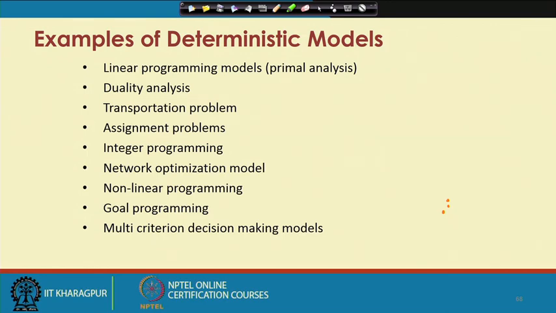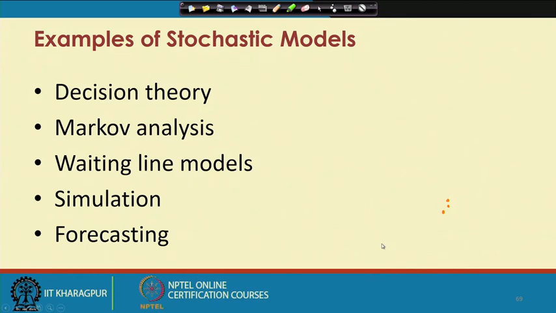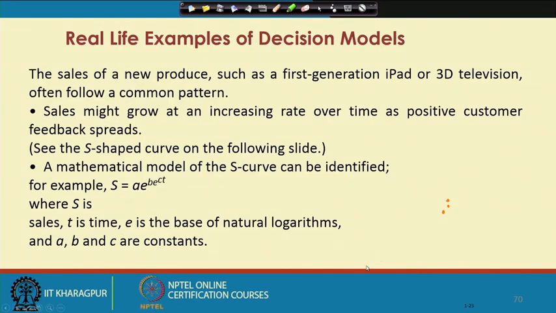On the other side, under the stochastic modeling environment, we have decision theory, Markov analysis, waiting line models, simulation, and forecasting, right. So these are two different clusters altogether. Of course, as per our requirement of this subject, we will touch a couple of such models, as per the particular business problem and applications.